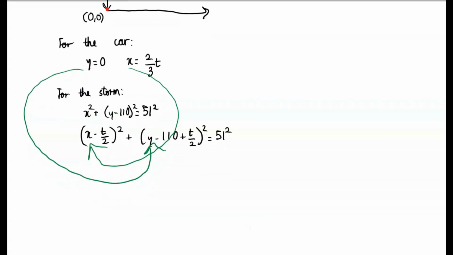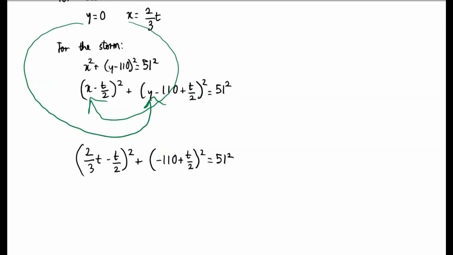So substituting this in, this is going to give us (2/3 t minus t over 2) all squared plus (minus 110 plus t over 2) squared is all equal to 51 squared. Now simplifying the left bracket gives us (t over 6) squared, and expanding the right bracket gives us t squared over 4 minus 110t plus 110 squared is equal to 51 squared.